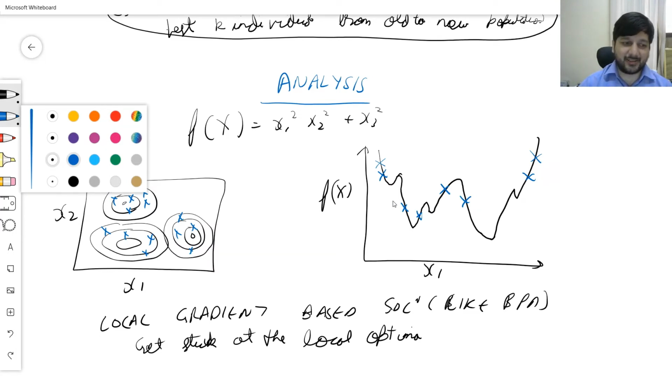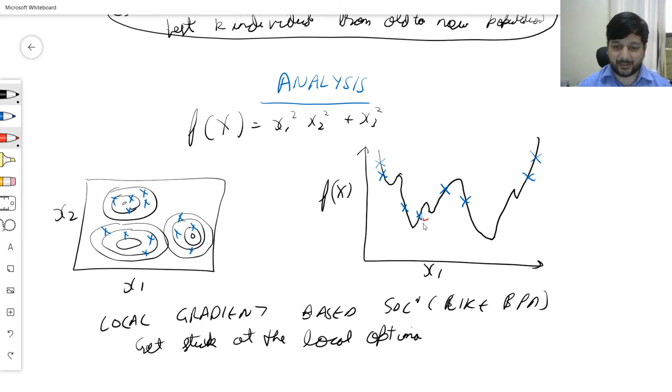The fittest is this. So this gets selected multiple times, then this, and then a few times this. But then I said there has to be some probability that worse individuals are also selected. Otherwise, if this individual dies, then I'll probably never come over here, and similarly here. So the fittest individual is actually this one. It's not this one, which is closest to the global optima. So they get selected multiple times.